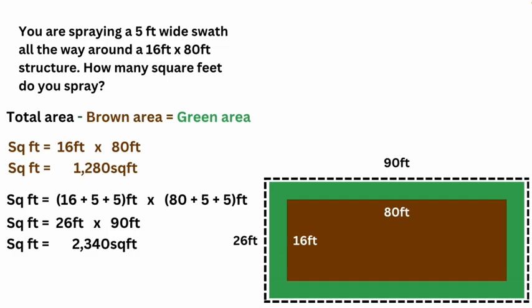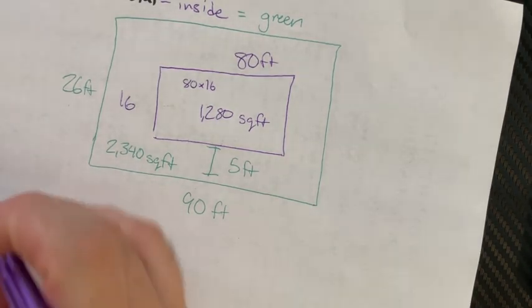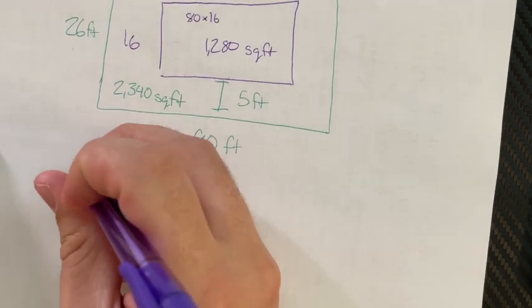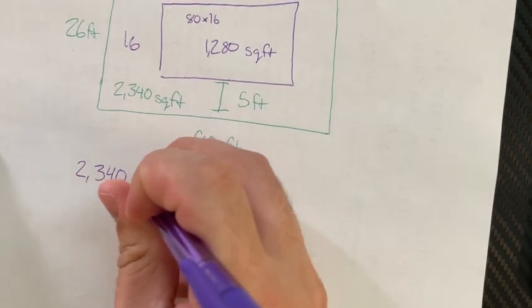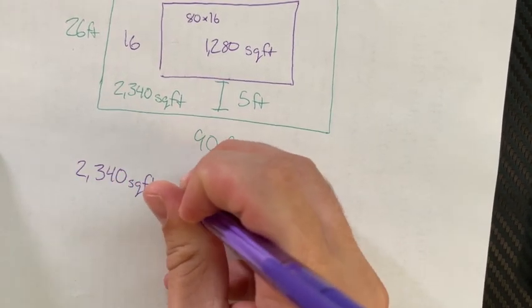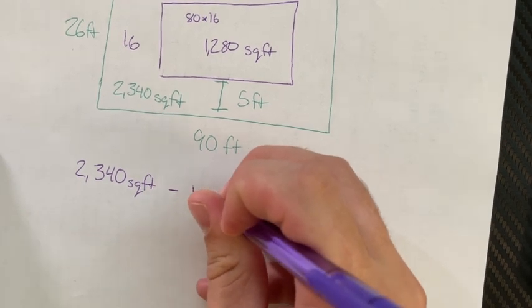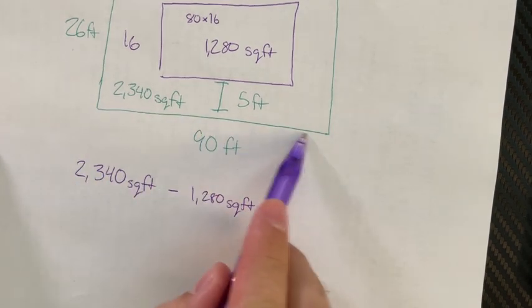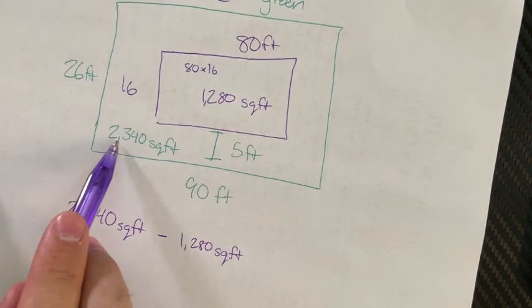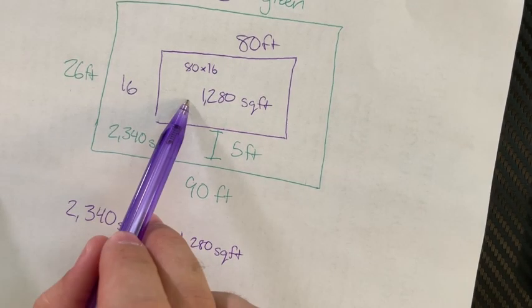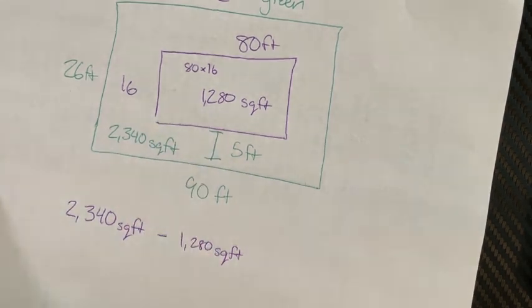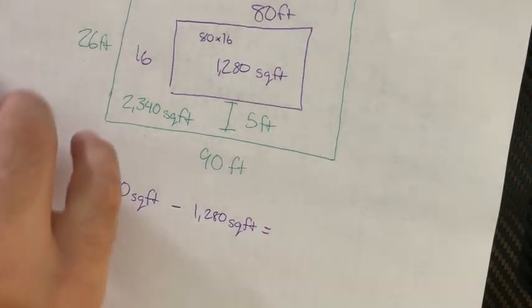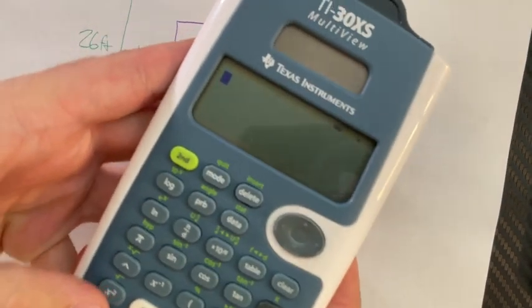Or we're going to say 2,340 square feet minus 1,280 square feet. So we're doing the big area, which is 2,340 minus the small area, which is 1,280, equals, I'm not doing that in my head, okay?